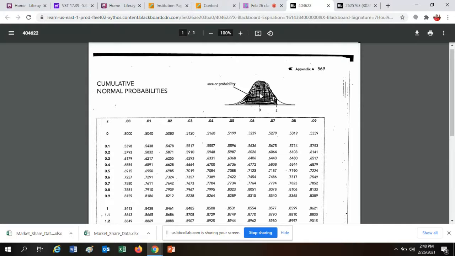This area is 0.9750. If this shaded area is 0.9750, what's the unshaded area? It's got to be 1 minus that, right? 1 minus 0.9750 is 0.0250, which is exactly what we saw on the other table.